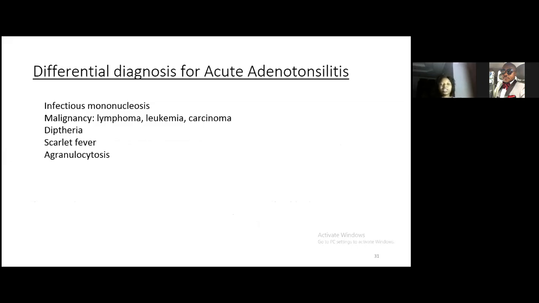So what are the differentials of adenotonsillar diseases? Well, basically, they are a spectrum of diseases, from the acute to the chronic, the hypertrophic disease. But especially in the acute, another close differential that we could associate it with is infectious mononucleosis, because of its link to Epstein-Barr virus.